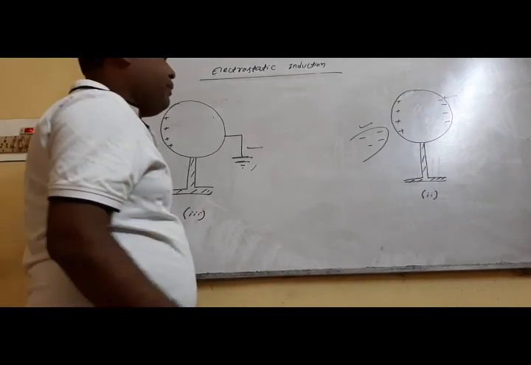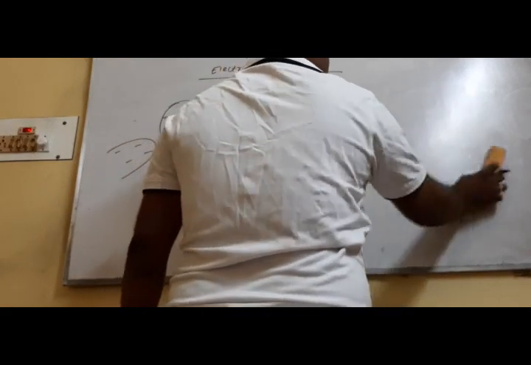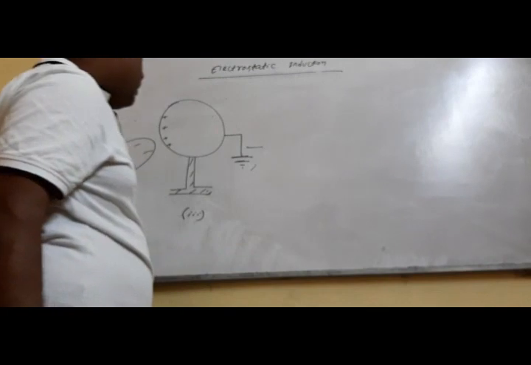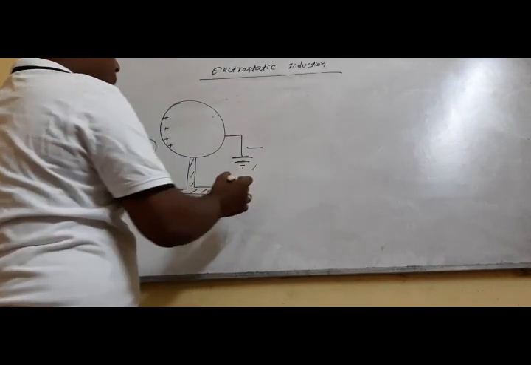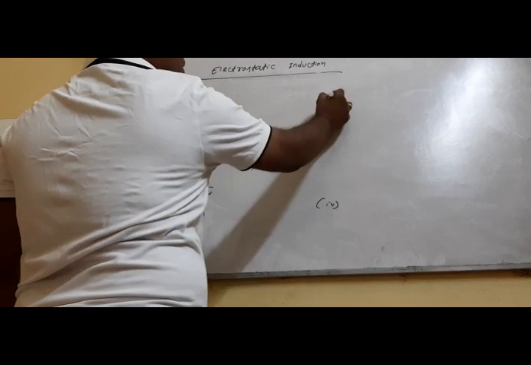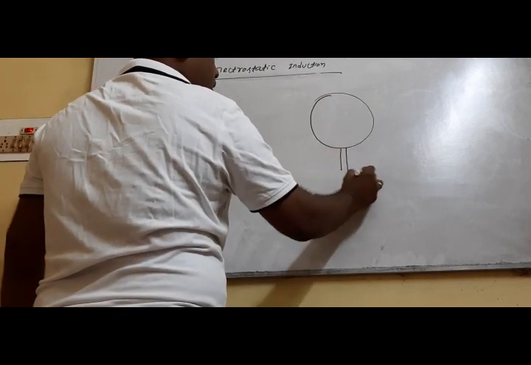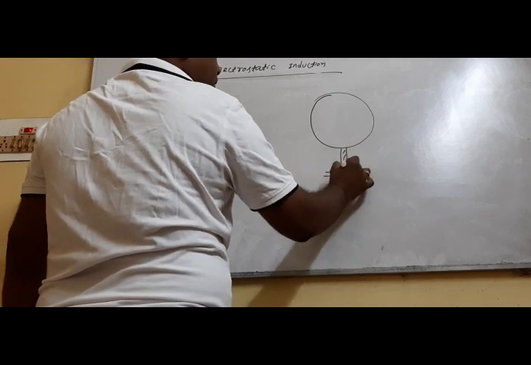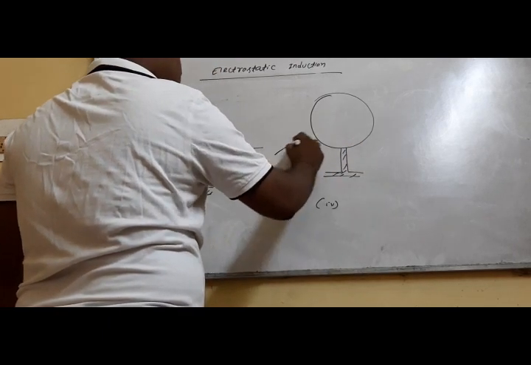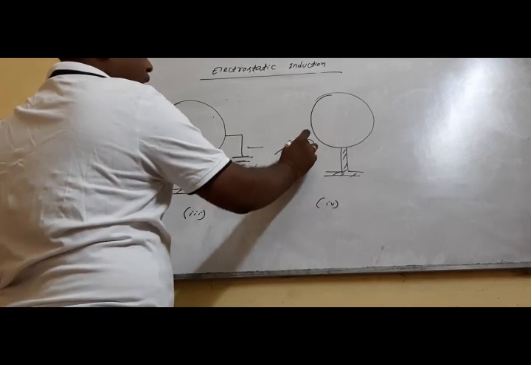In the fourth step, we have to cut the earthing, but the charged body has to be kept as before.